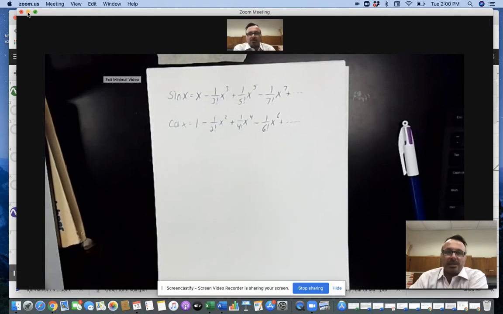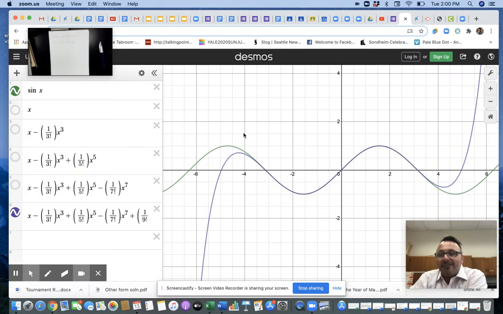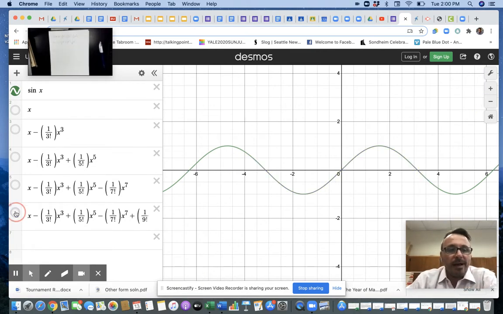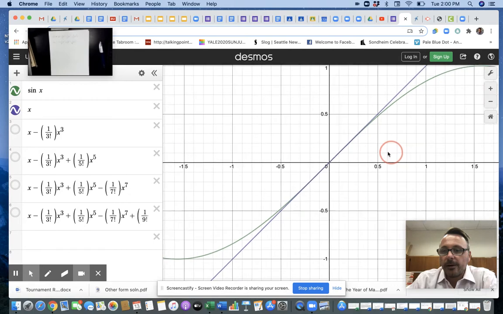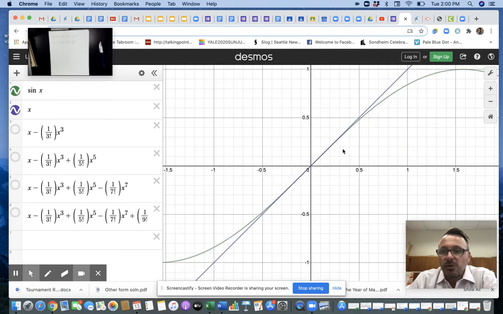But wait, it gets better. Because if I know, for example, that I only care what's happening near the origin, or for small values of x, let's look at just x, and let's zoom in here. Notice that between about 0.4 radians and -0.4 radians, that's pretty much identical.